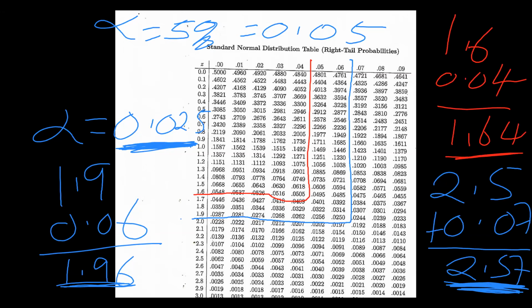Are you fine with how we get the critical values? Give us another example.